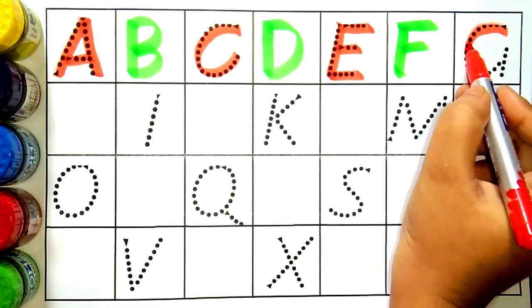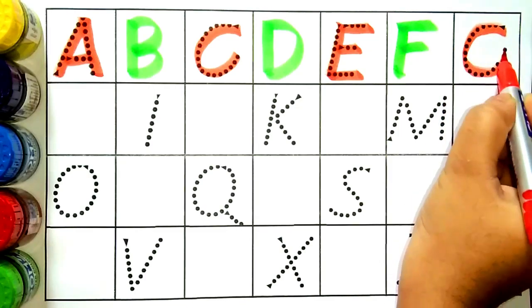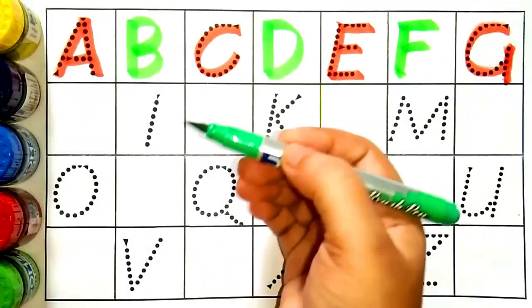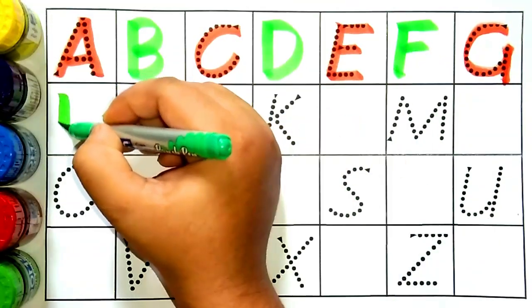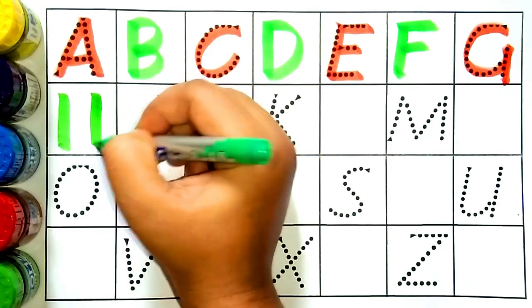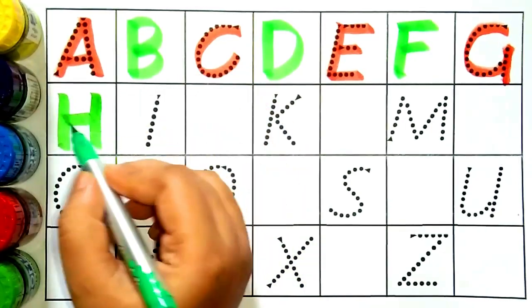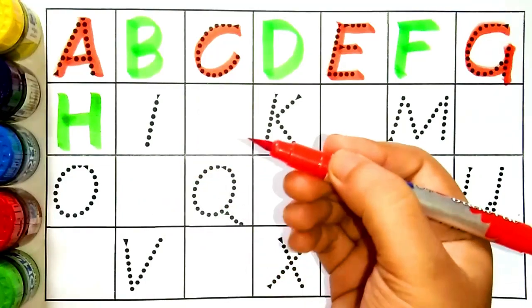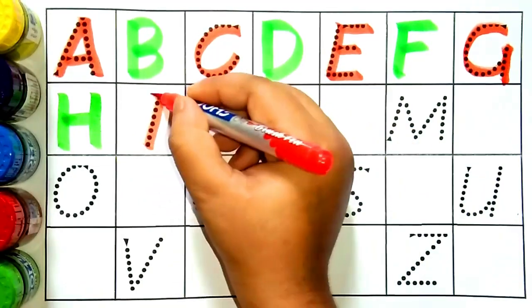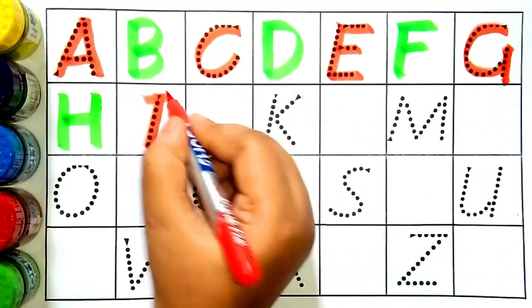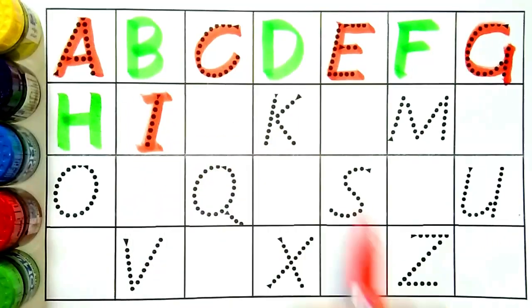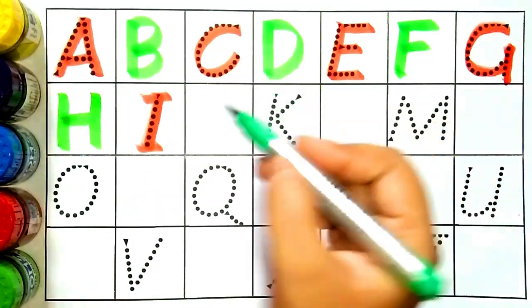G for gorilla, light green color. H for honey, orange color. I for igloo, light green color.